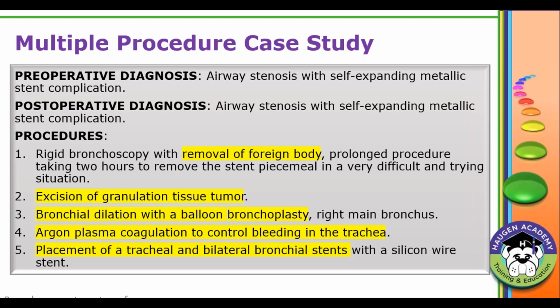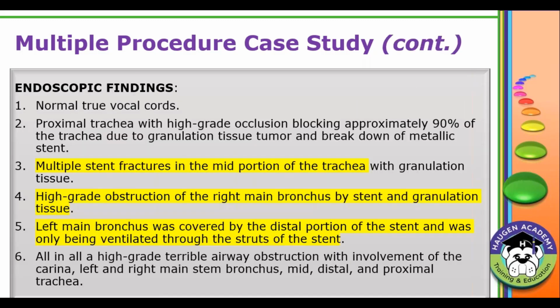And I've got to tell you, before we get too much further into this, not a huge fan of the documentation in this particular case. We have bronchial dilation with a balloon bronchoplasty. We have argon plasma coagulation to control bleeding in the trachea. We have placement of a tracheal and bilateral bronchial stents.